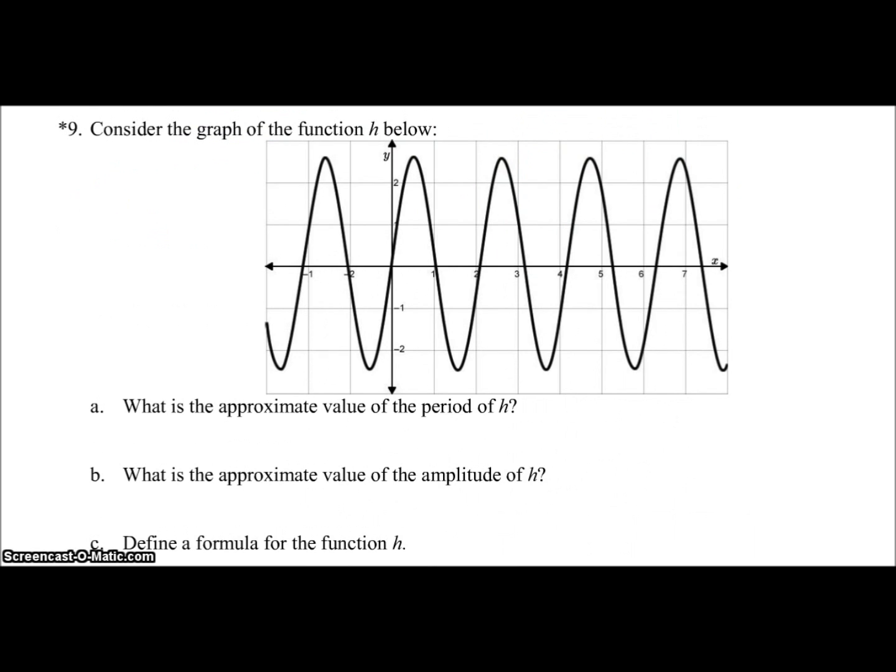Consider the graph of the function h below. What is the approximate value of the period of h? Let's see. Here I start, and then I make one full revolution to over here, so it looks like about 2.1.